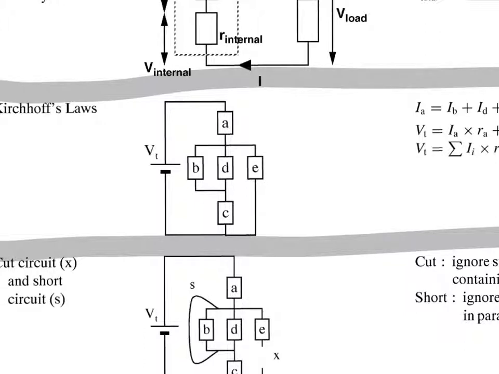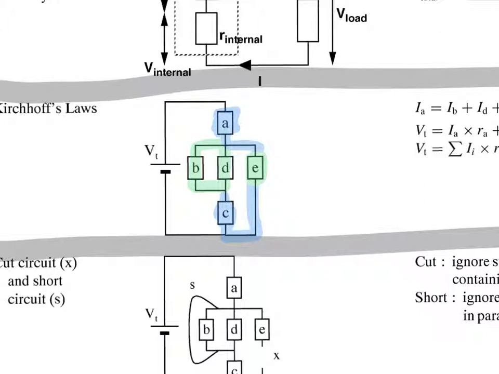So we have this resistor A that is in series with this parallel branch and this other resistor. Technically, I have A in series with everything else.